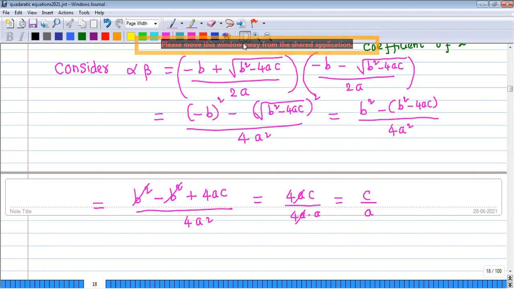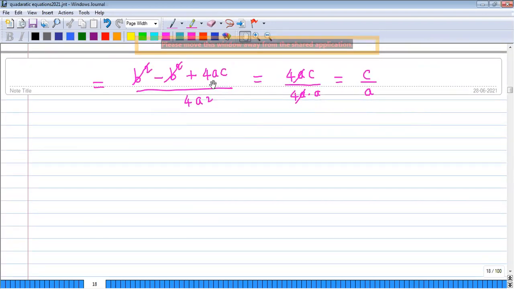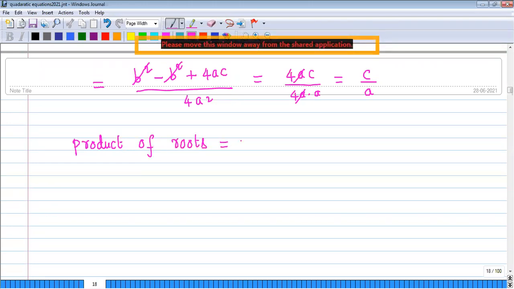Clear? So now we can formulate like this. Product of the roots of a quadratic equation. Or we can directly cut that off now, sir. Yes, we can directly cut that also, no problem. Alpha beta is equal to c by a.